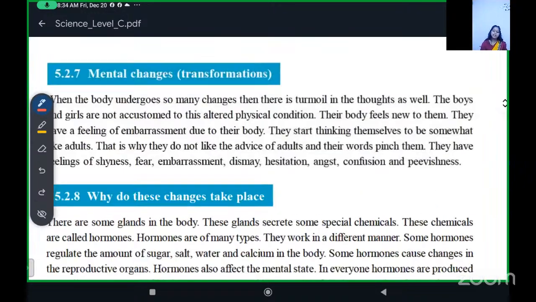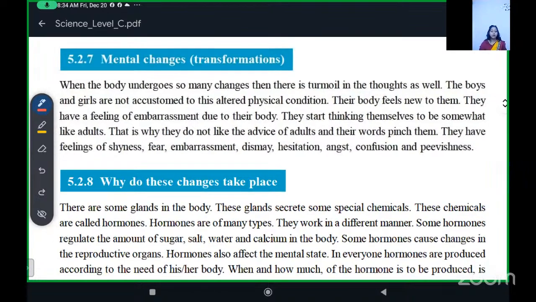Then some mental changes are also there, which take place inside both male and female. Mental changes are different feelings, different emotions, or we can say heightened emotions that we feel in our teenage.